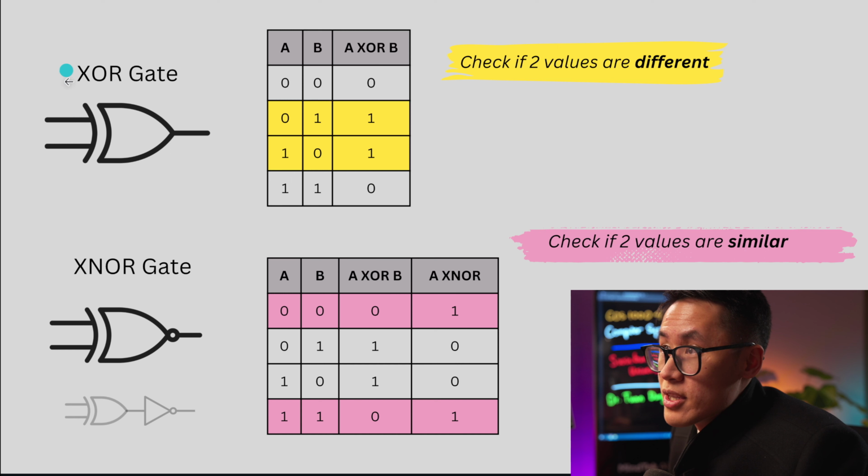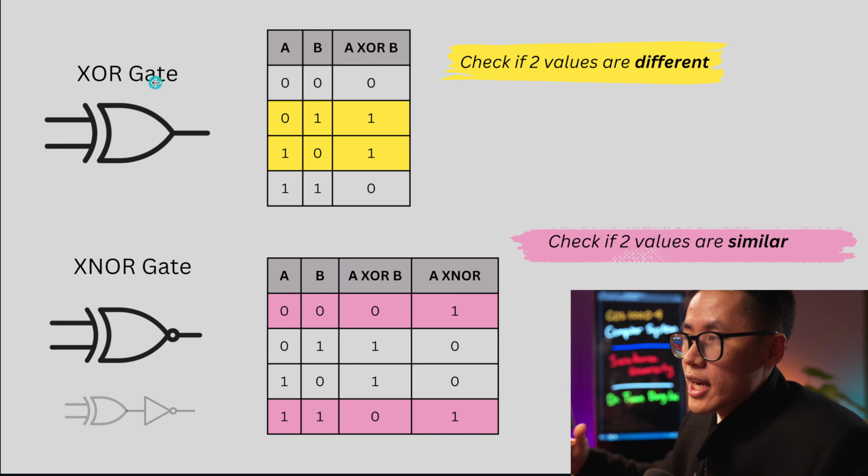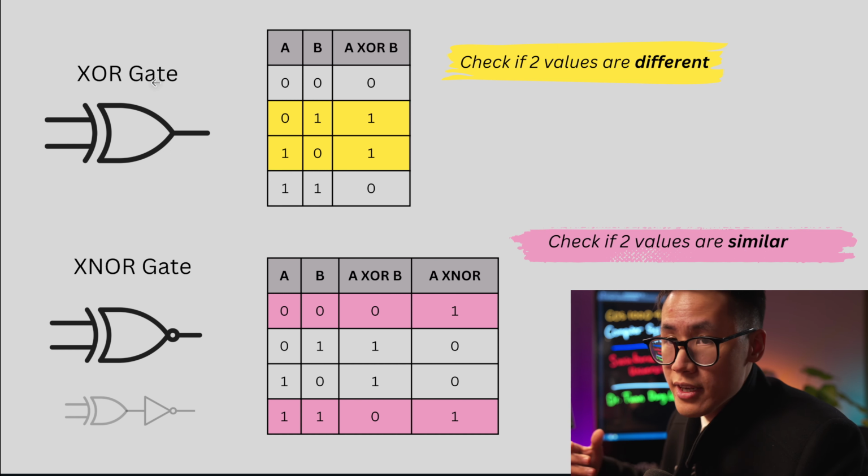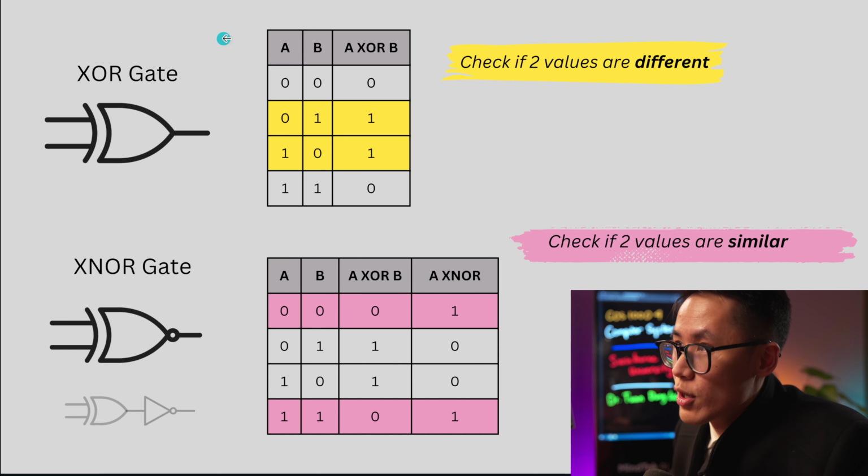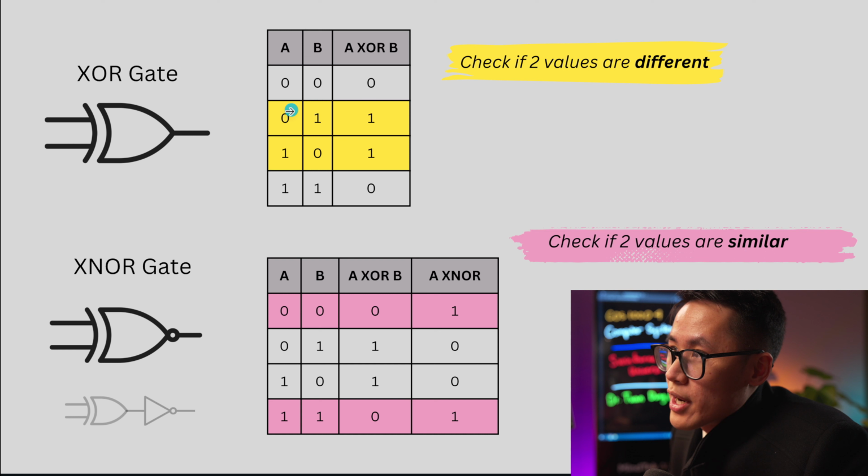The way I remember the XOR gate is that it checks if two values are different or similar. If you have two variables A and B and the two values are different, then the result will be true. But if the two values are similar, for example 0, 0 or 1, 1, the final value will be false.